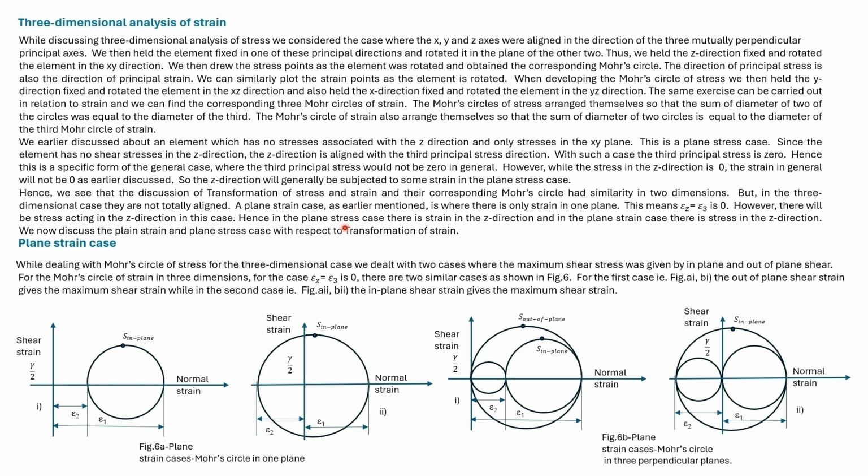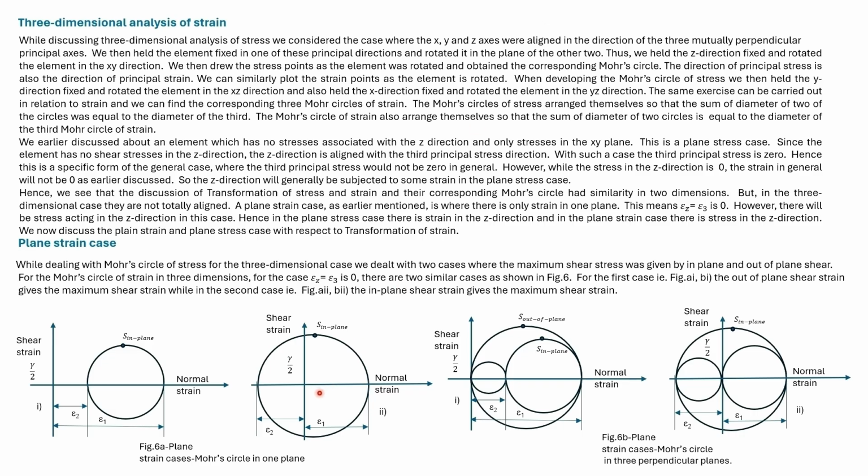In the plane strain case, for the Mohr circle of strain in three dimensions, we also have two different types. This is the first type, where the Mohr circle of strain is either on the left or the right of the shear strain axis.